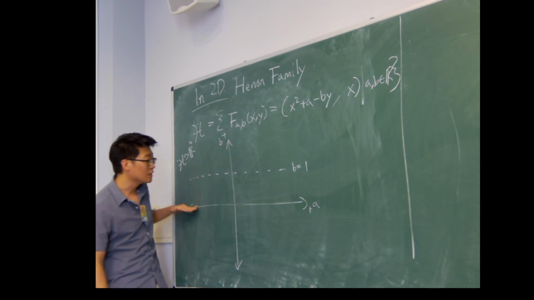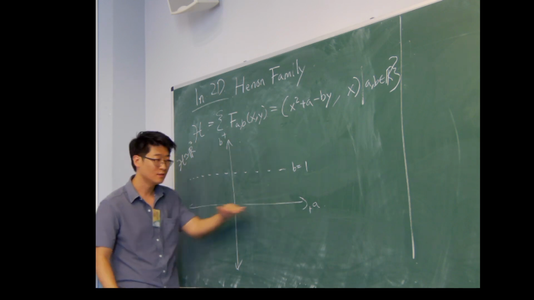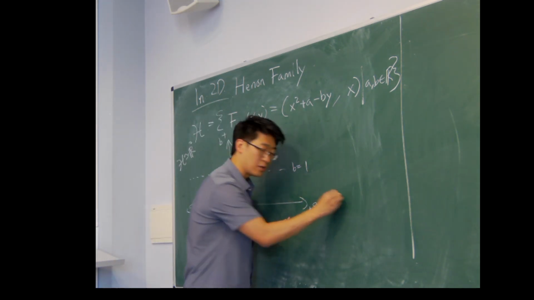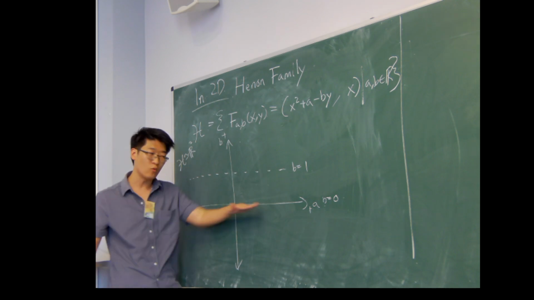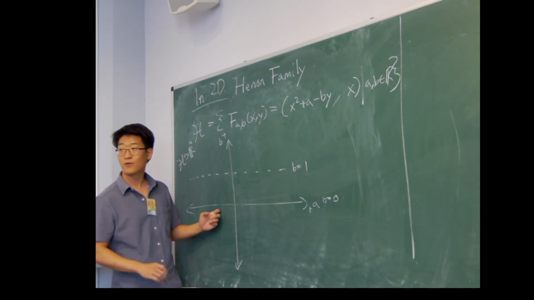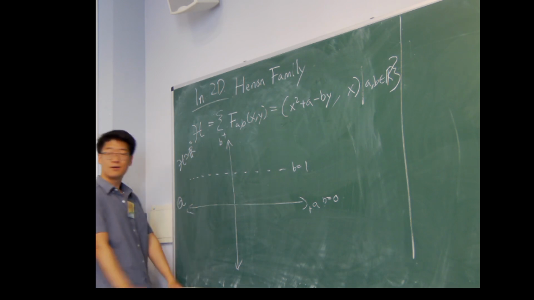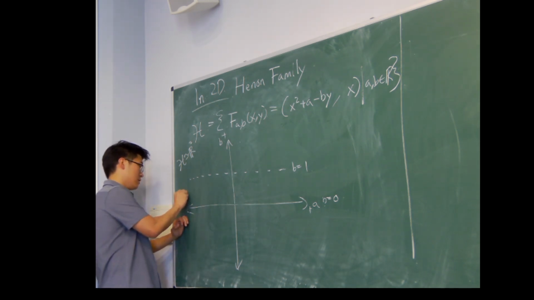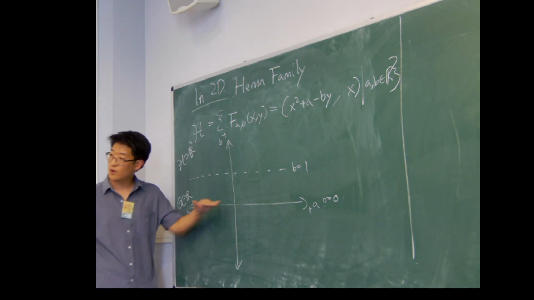Yeah? And if you look at the a-axis, which is the line when b is equal to 0, then you have a one-parameter family of degenerate Renorm maps, which can be identified with the quadratic family.